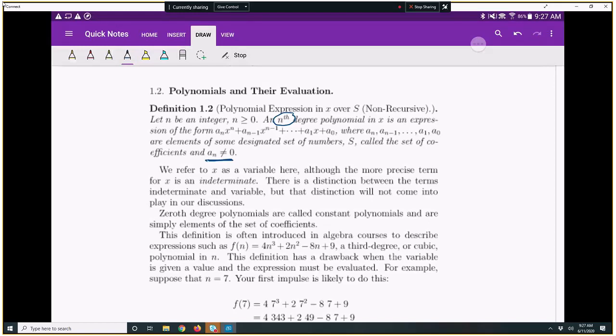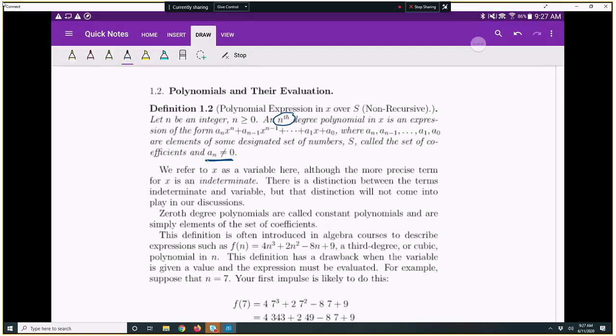So we're pretty used to seeing polynomials with integer coefficients that we can factor nicely. But this definition is just a little more general. It tells you that I could take any set of numbers and that could be the set of coefficients.